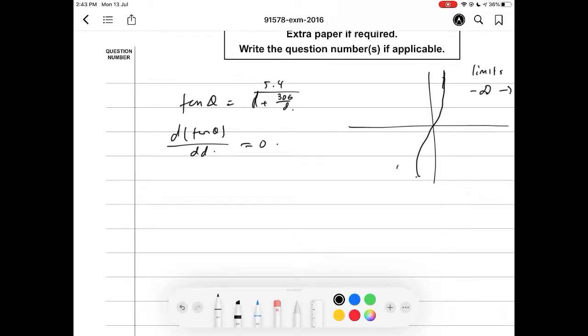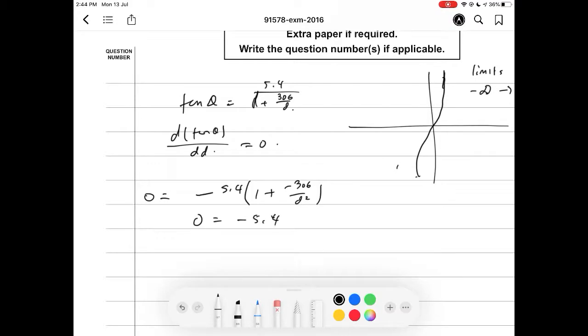The derivative of 5.4 is just 0, so there's nothing in front, therefore it will be negative 5.4 multiplied by the derivative of d plus 306 over d. So that becomes 1, plus 306 over d differentiates to negative 306 over d squared. So that's our function that equals 0.